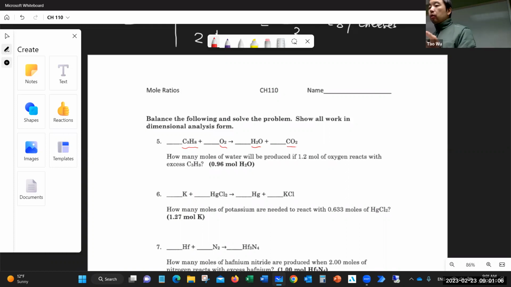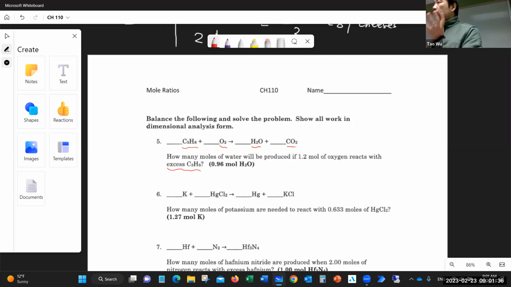They're asking how many moles of water will be produced if 1.2 moles of oxygen is reacted with excess propane. Excess means it's unlimited or extra, so you don't have to worry about this one being a limit to the reaction.